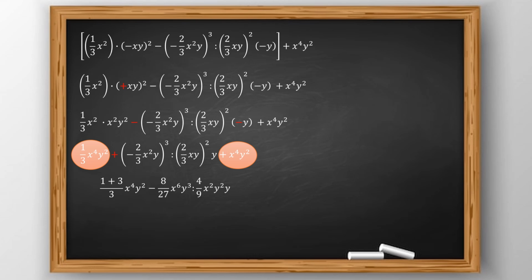So 2 to the third power is equal to 8, 3 to the third power is equal to 27, and minus to the third power, which would be minus times minus times minus, is simply minus, okay? Divided by 2 to the second power, which is 4, 3 to the second power, which is 9. And then for the letters, we are multiplying the exponents, okay? As I said in the last video, when we do not have a number, it's simply 1. So 1 times 2 equals 2, and 1 times 2 equals 2.